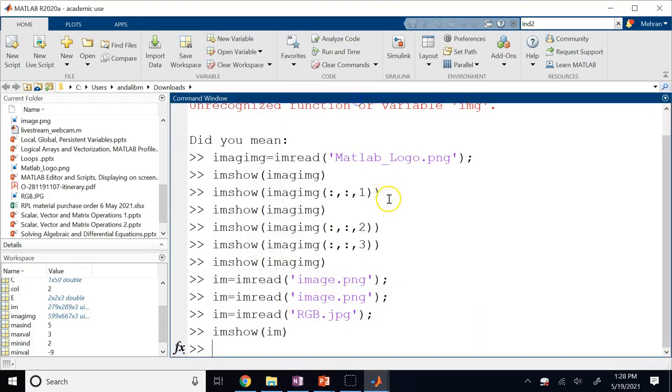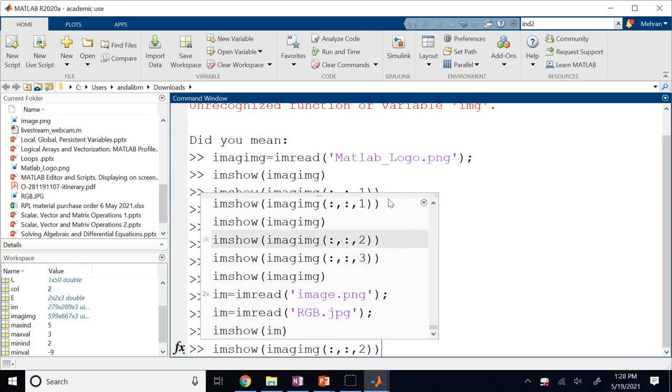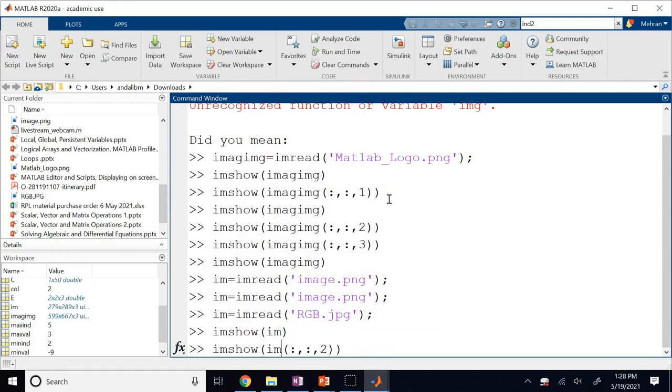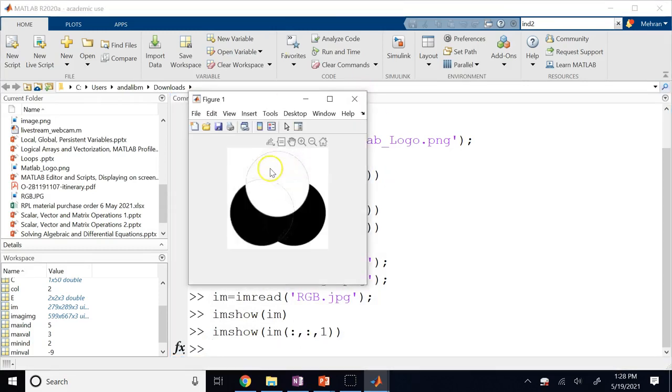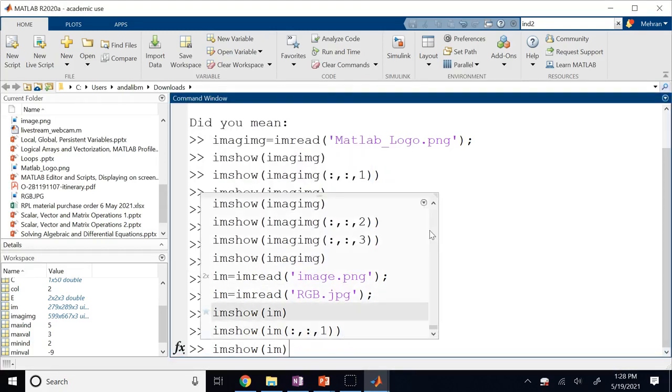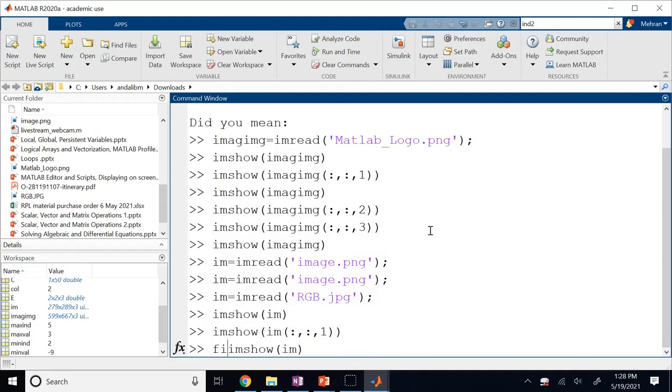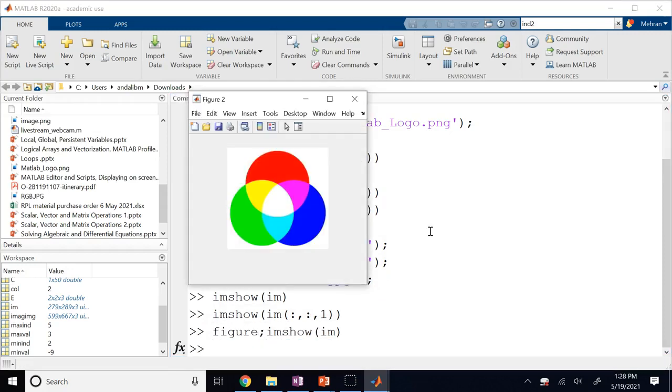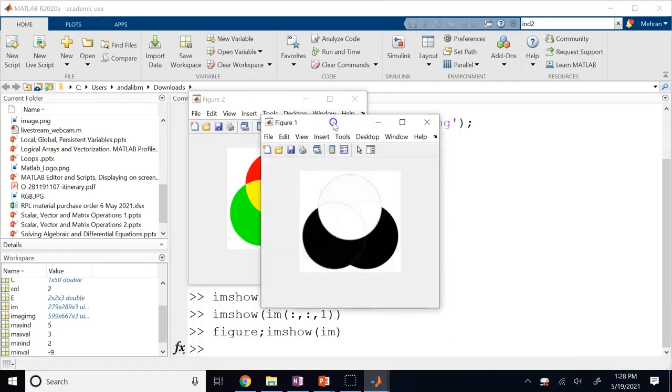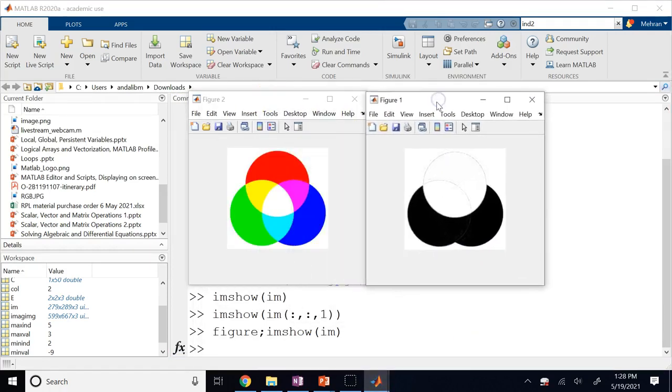Now if I say give me channel 1, look. If you see them side by side, the areas that had more red are whiter. The areas that do not have much red are black.